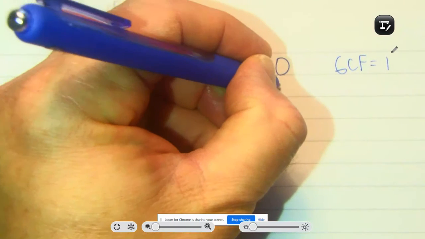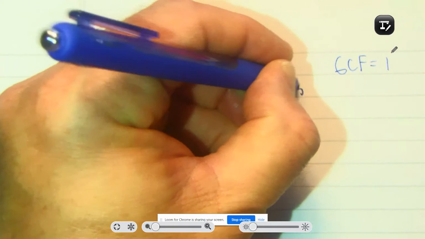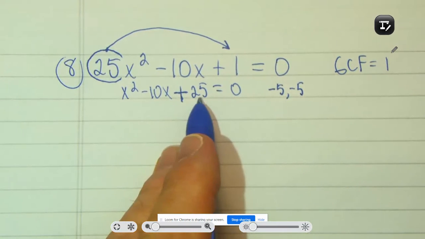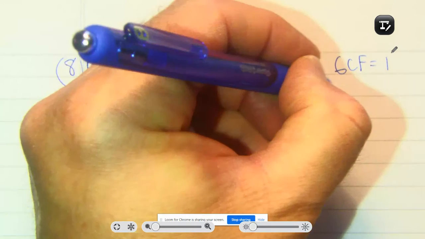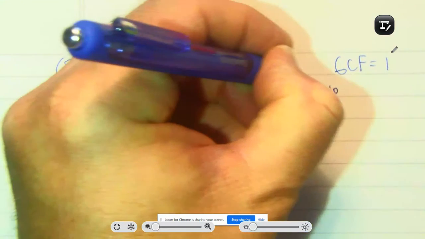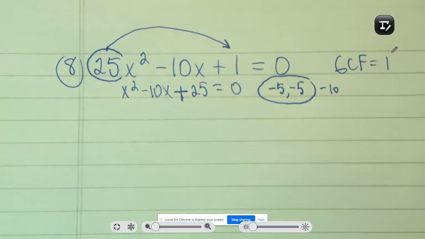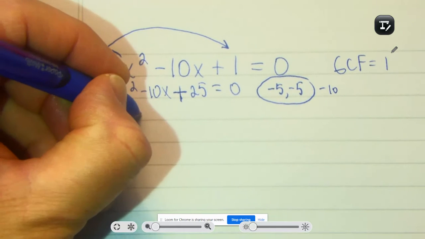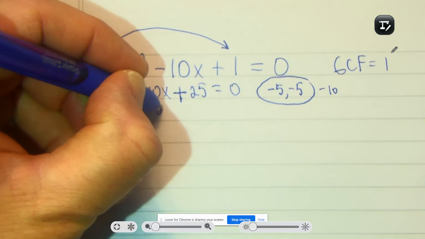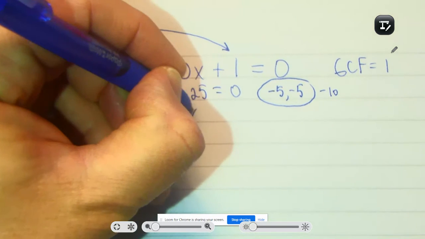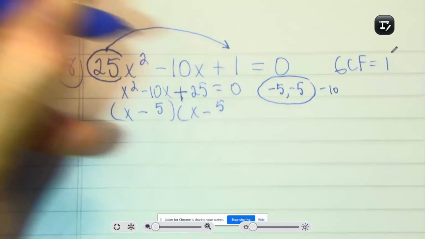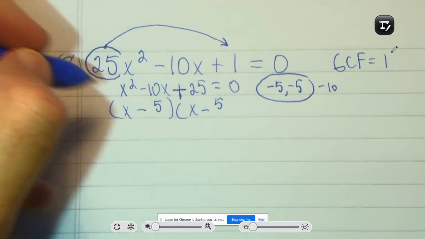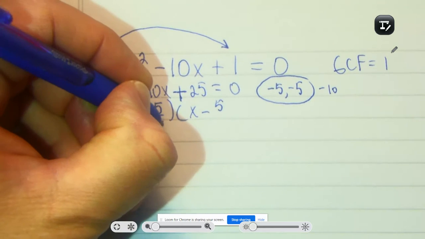And immediately I think of negative 5 and negative 5, because negative 5 times negative 5 is positive 25, adds to be negative 10. So there's my factors I'm looking for. So I'm going to write that as x minus 5 times x minus 5. Don't forget, I multiplied by 25, I've got to divide by 25.